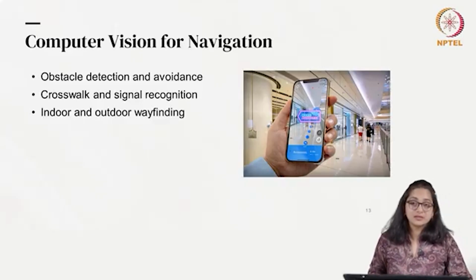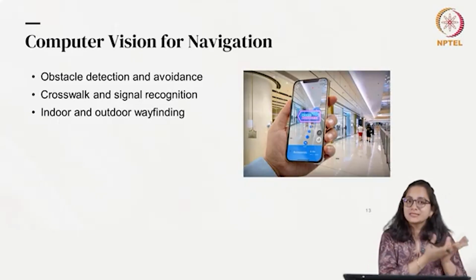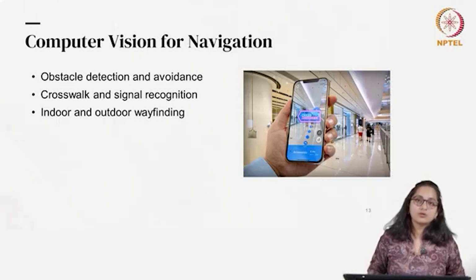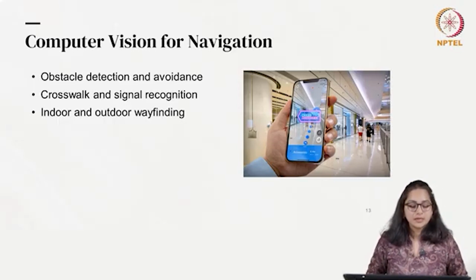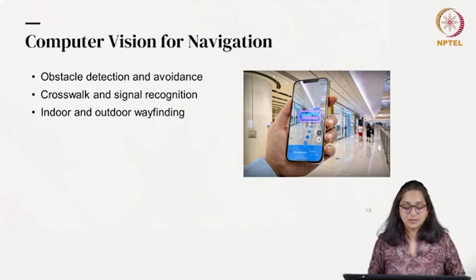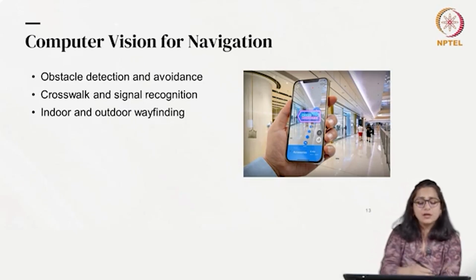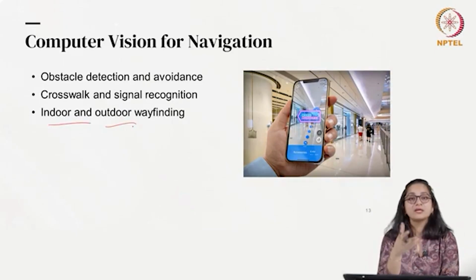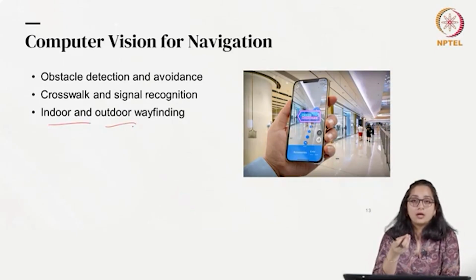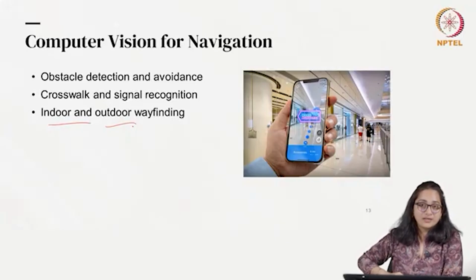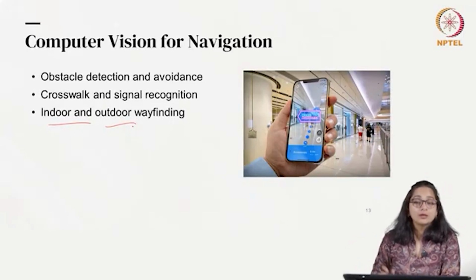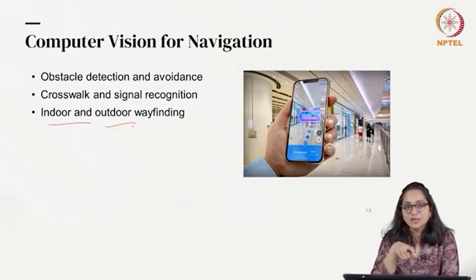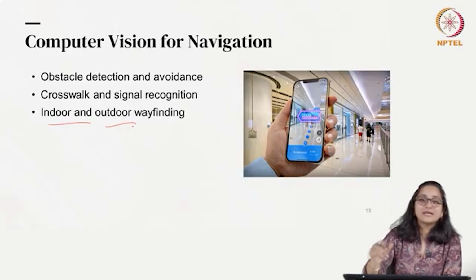Crosswalk or signal recognition, whether the signal is green, whether I can walk across the road right now or not, that is something which it can tell you. It can help in indoor or outdoor wayfinding. So wayfinding means that I want to know, if I'm standing at point A and I want to go to point B, what are the directions I use to reach that other point.